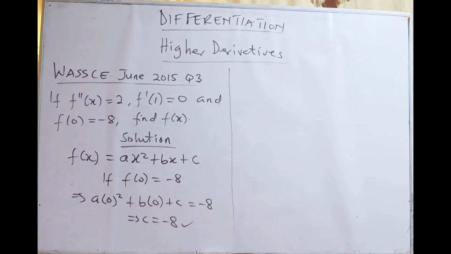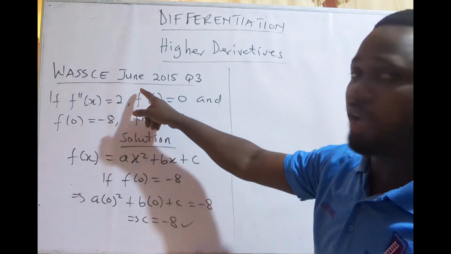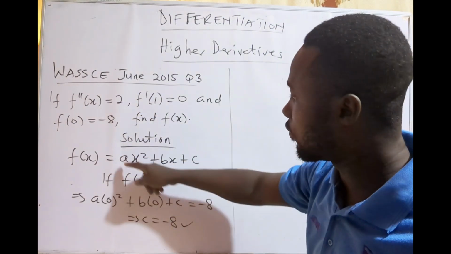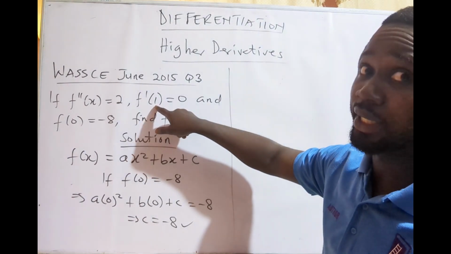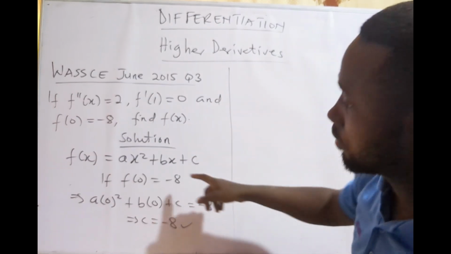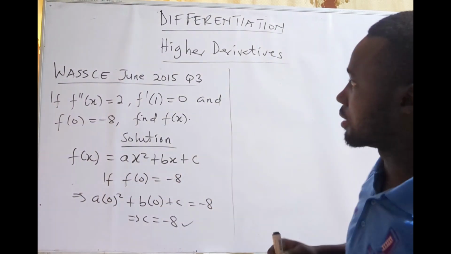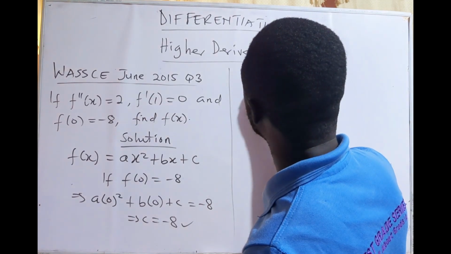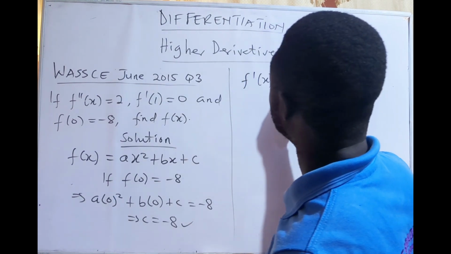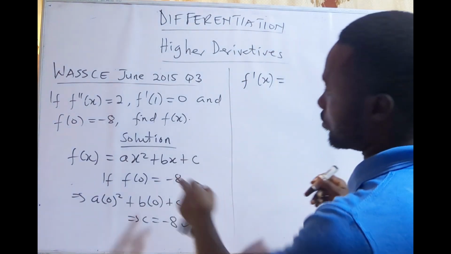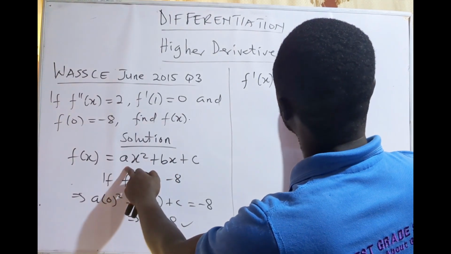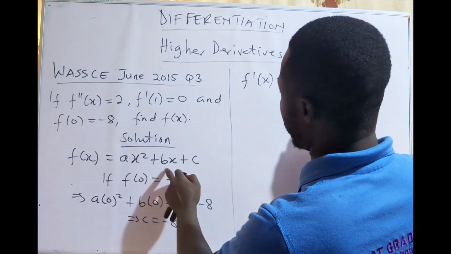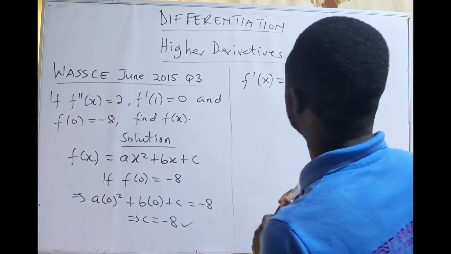Alright, so I've been given another clue that the first derivative of this function, if I substitute 1, I'll get 0. So I'm going to find the first derivative of the function. So f prime of x will give me 2ax plus b.